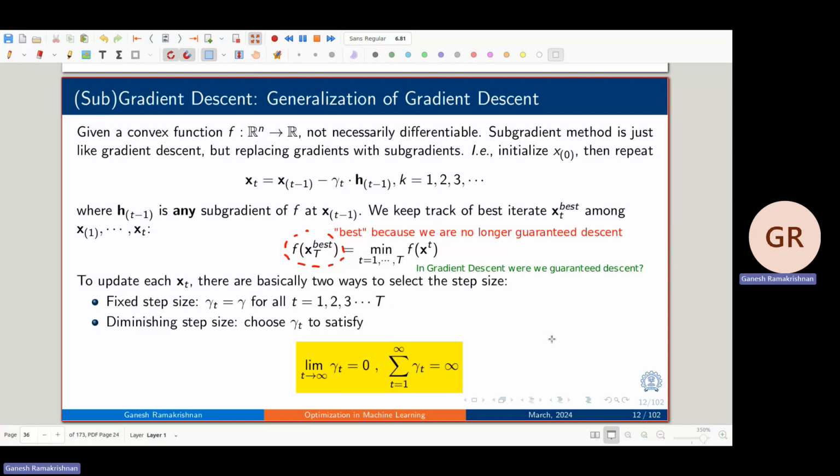And you're saying, I'll keep track of the functions, the points, and find the x which minimizes the function evaluation.